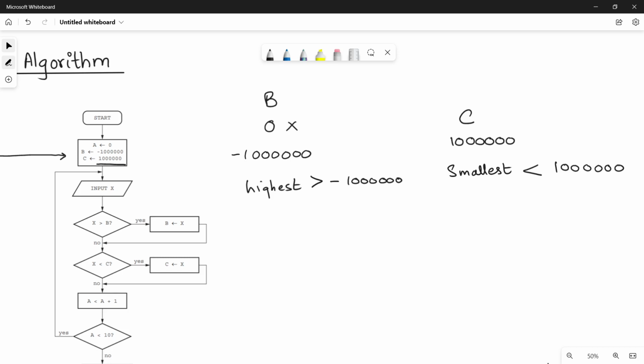The range must be satisfied. Your test data must be in the range of these two numbers that you are setting for your variables.